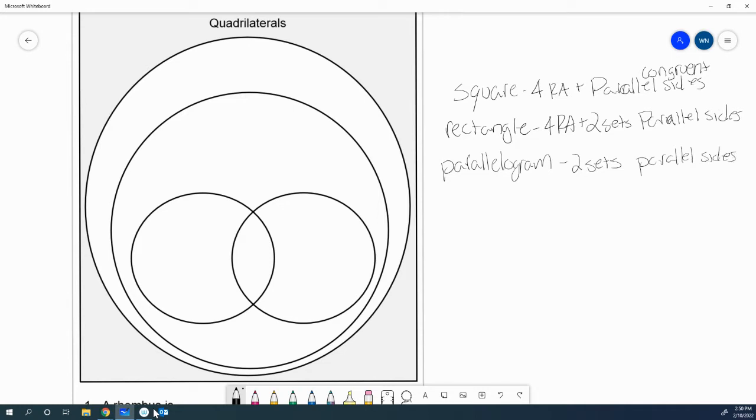You do not have to write this all to the side of your paper. You can just follow along and be thinking with me. We also want to include a rhombus, which has 4 congruent sides, and they are 2 sets parallel.